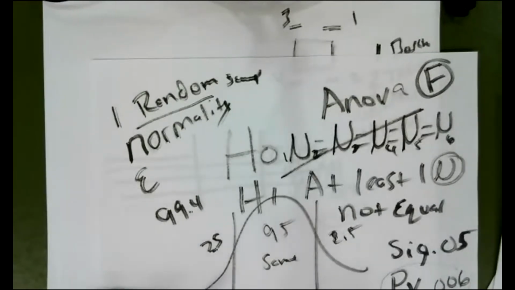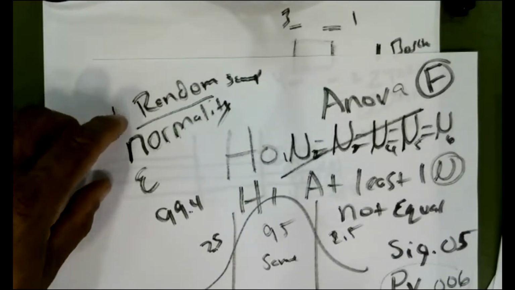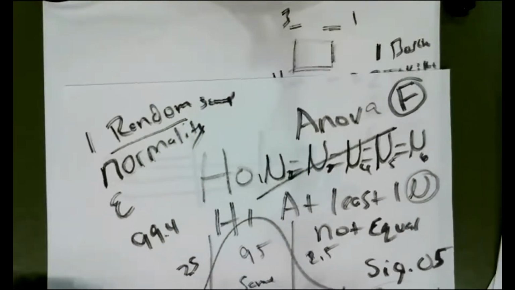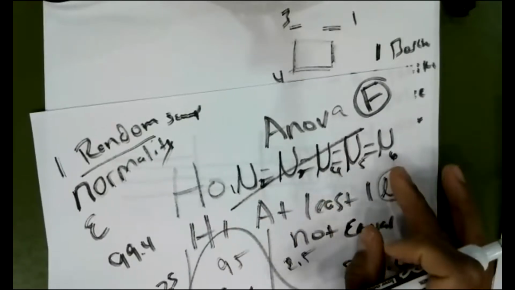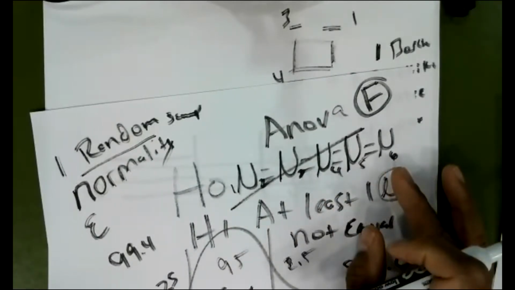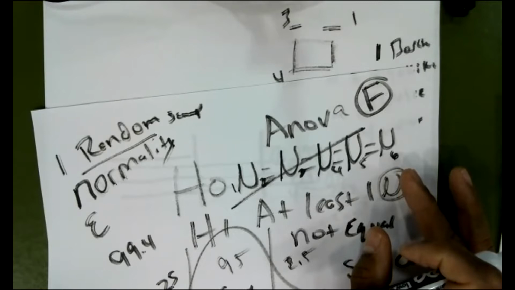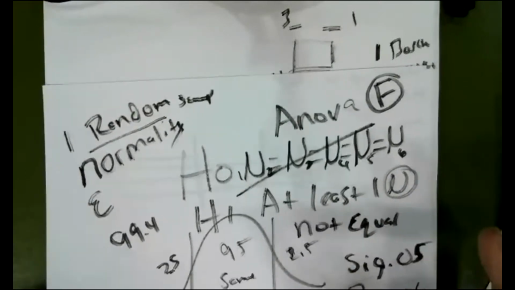After dependency, make sure there's no dependency, then we move on to the next assumption. So independence, normality, and the last one's equal variances. Real quick, so you said with ANOVA, to see if it's independent, it needs to be a random sample, but with regression, we look at the Durbin-Watson.